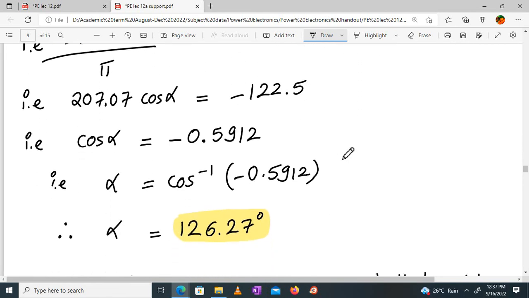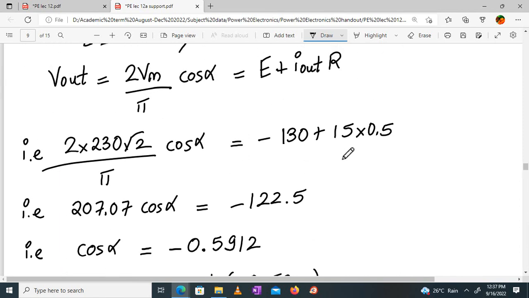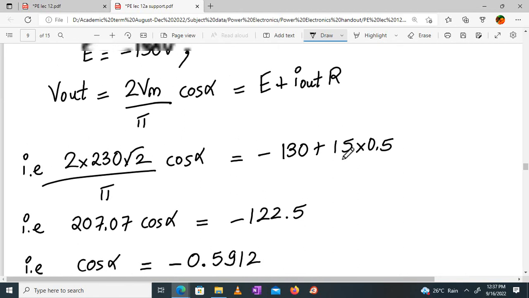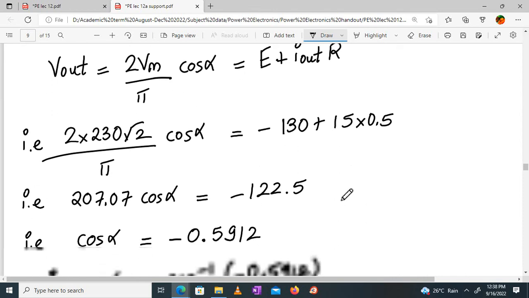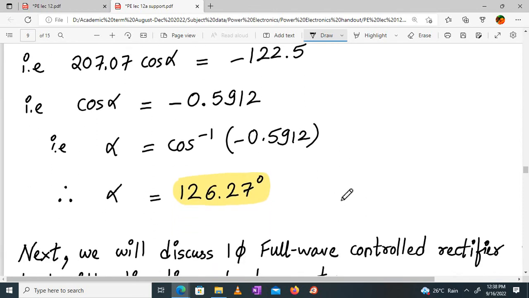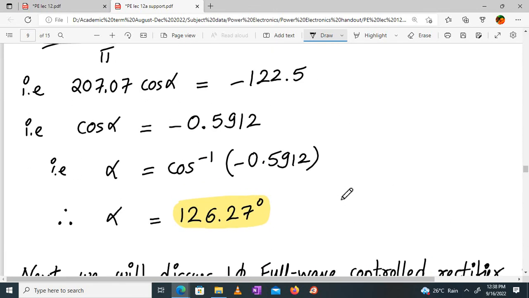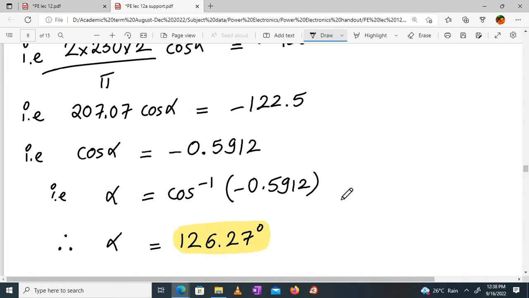Is it 126? 126 degrees. Okay, very good.